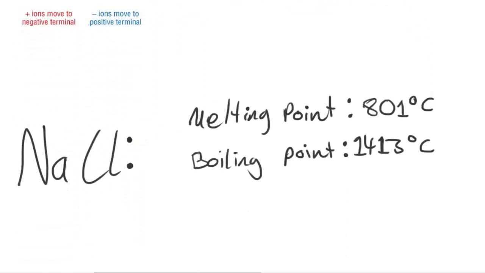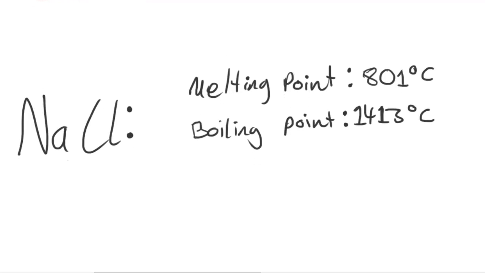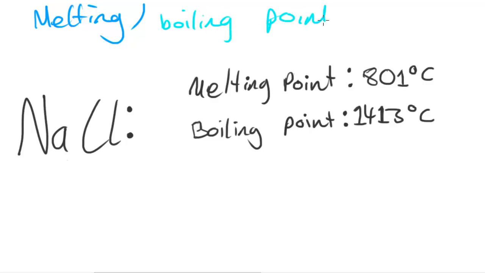So moving on to a different property, the melting and boiling points of ionic compounds. As I said just now, ionic compounds have very strong ionic bonds between the different ions present.